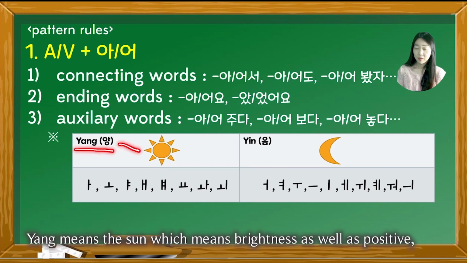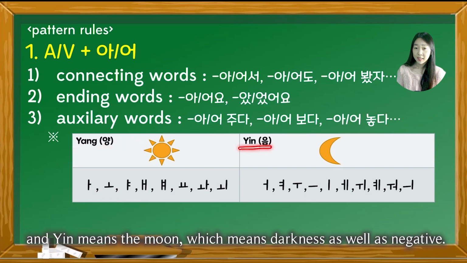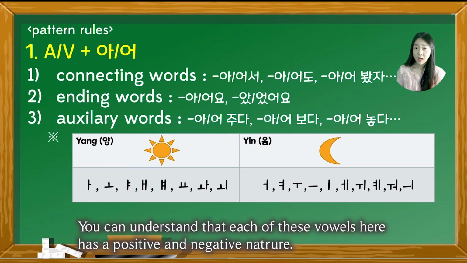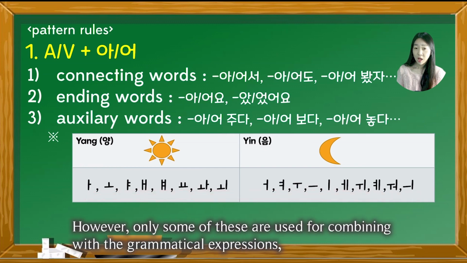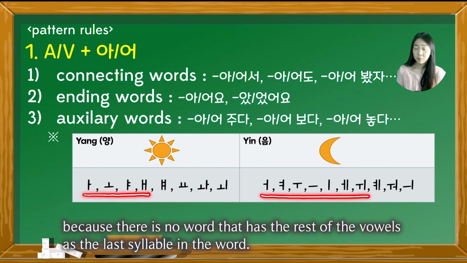Yang means the sun, which means brightness as well as positive, and in means the moon, which means darkness as well as negative. You can understand that each of these vowels here has a positive and negative nature. However, only some of these are used for combining with the grammatical expressions because there is no word that has the rest of the vowels as the last syllable in the word.